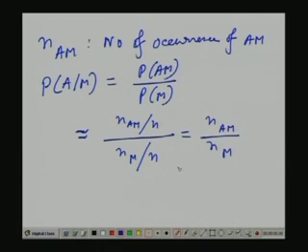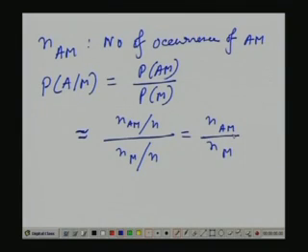And try to understand the physical meaning of this. What it means is that though we are conducting the experiment and we have a very large number of trials called small n, as far as this result is concerned, we are not looking at all the n trials, we are confining ourselves to only those trials where the event M had occurred. And how many such trials do we have?